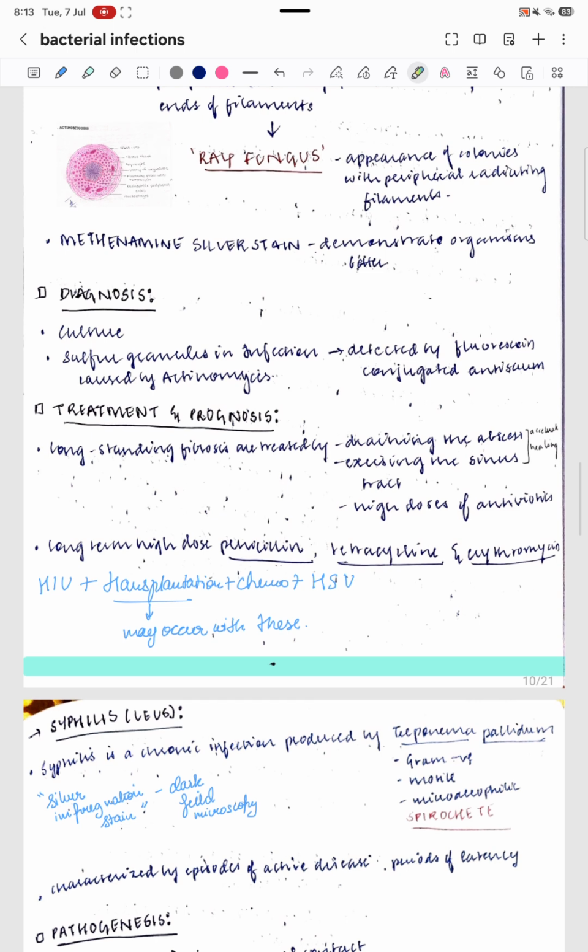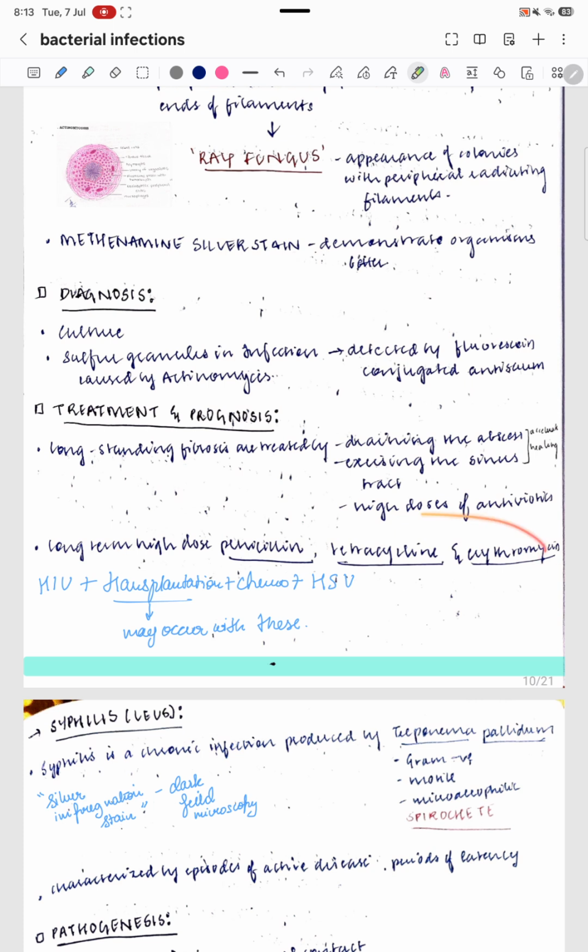Now the treatment: long-standing fibrosis is treated by, firstly, as there is a pus forming or suppurative infection, we first drain out the pus, then we excise the sinus tract, and then we give high doses of antibiotics such as penicillin, which is your basic antibiotic, tetracycline, which is stronger, and erythromycin.